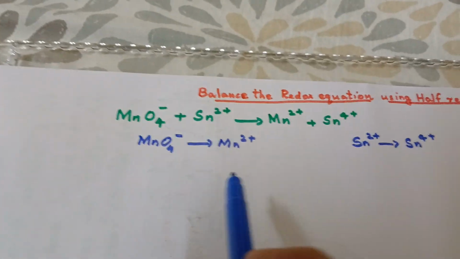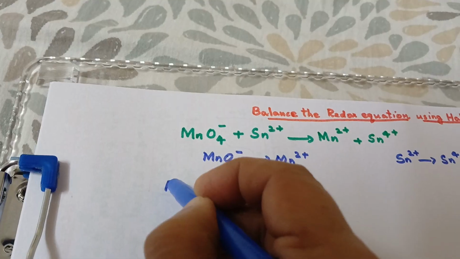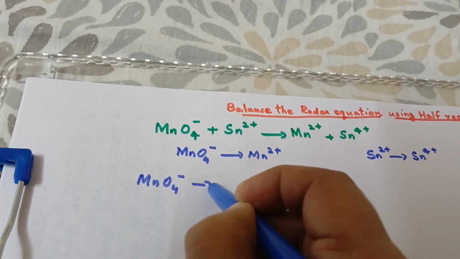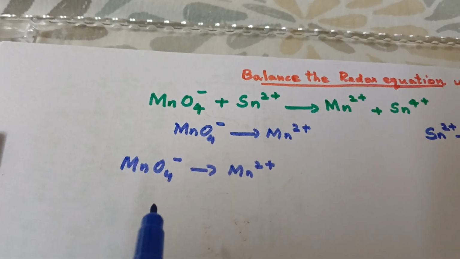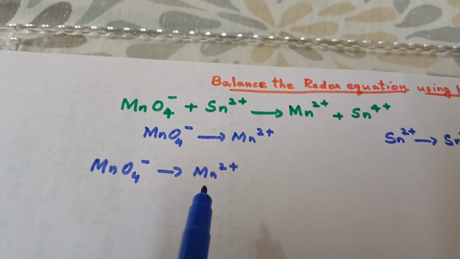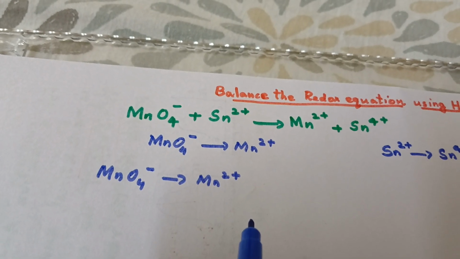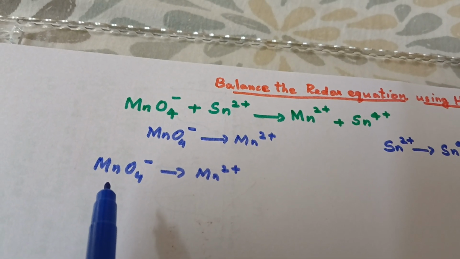Now let us take each of these reactions individually. That is MnO4⁻ giving Mn²⁺. First let us look at the atoms other than oxygen or hydrogen. So which are the atoms present? It is manganese, Mn.